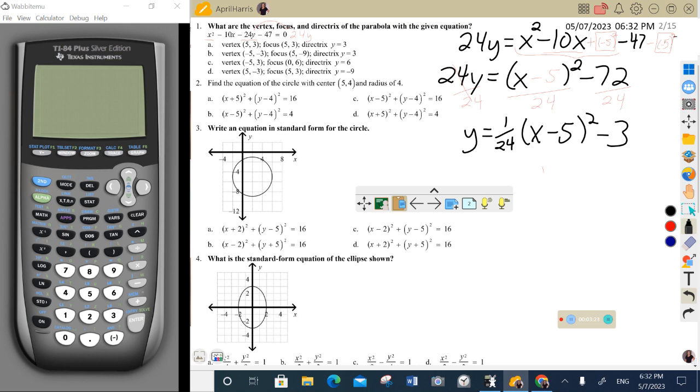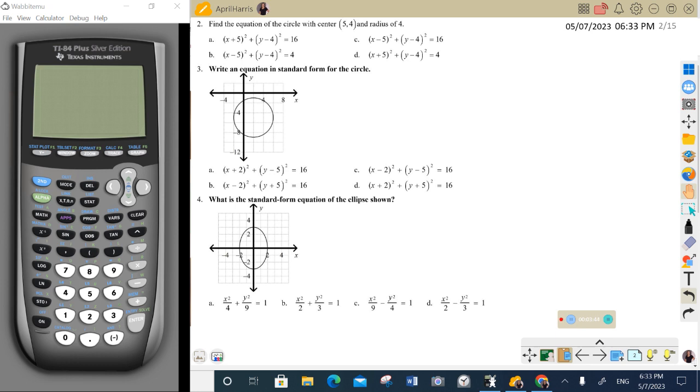So that is the vertex form. So our vertex inside with x, we have negative 5. So when you bring it out, it becomes positive 5, and the y value is negative 3. And if you look at the choices, the only answer that has a vertex of 5 and negative 3 is choice D. You don't even have to find the focus or the directrix.